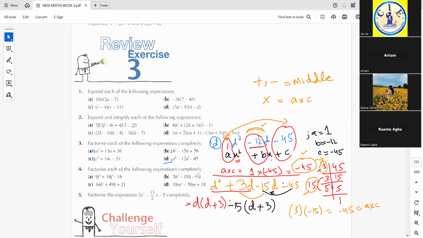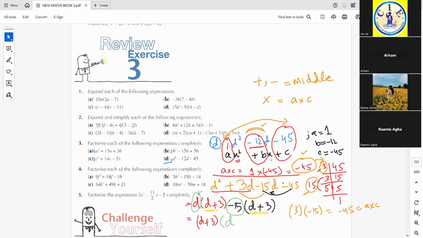So now you see that D plus 3 is a common factor to these two. So we can retain it as a common factor, D plus 3 taken common. From this term now, I'm left with D, and from this term, I'm left with negative 15.